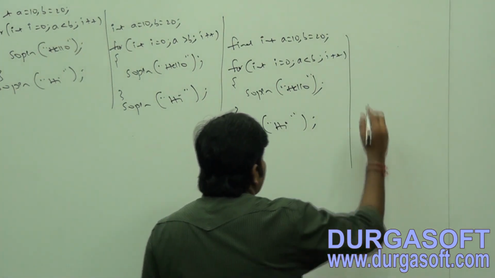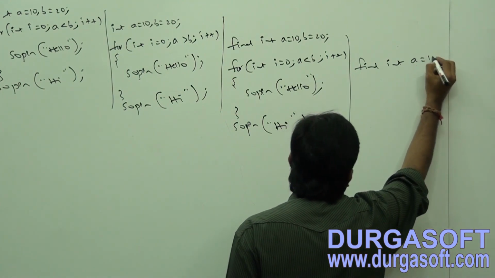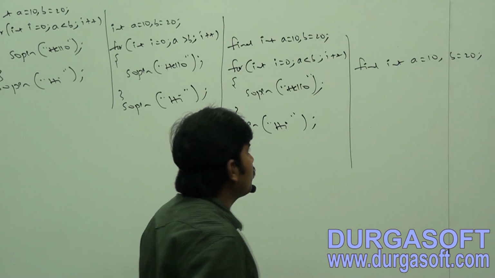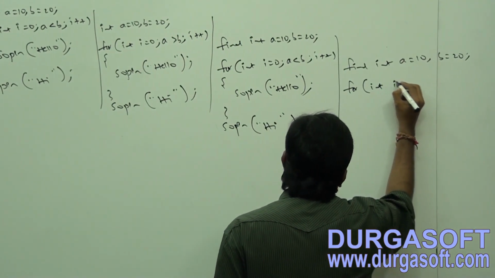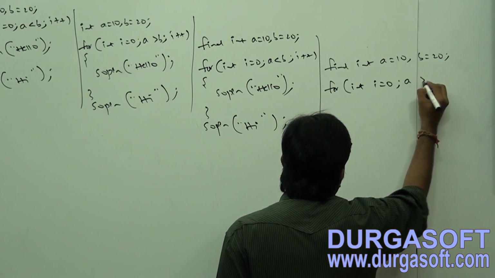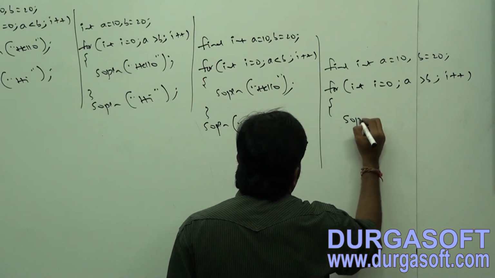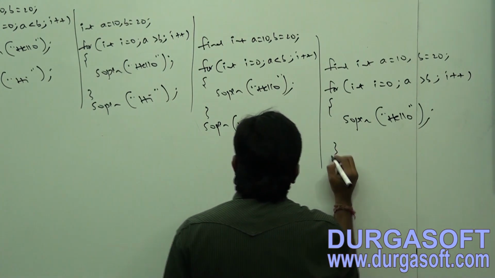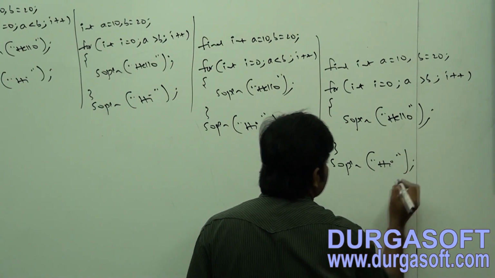Next, final int a = 10, b = 20. For int i = 0; a greater than b; i++, System.out.println("hello"), System.out.println("hi").